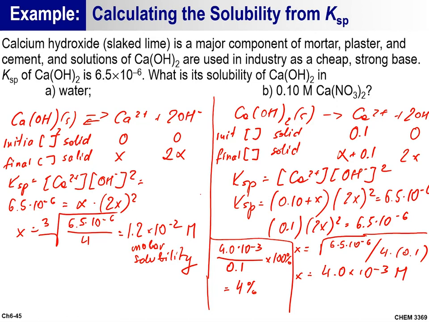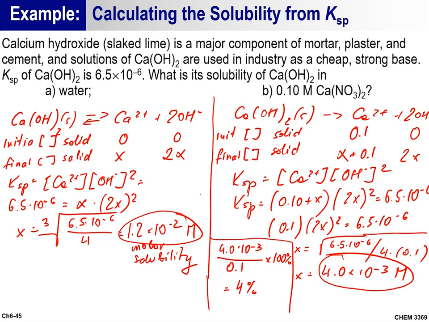All right, so now let's compare the molar solubility of calcium hydroxide in water, right? 1.2 times 10 to the negative 2 molar solubility in calcium nitrate, 4.0 times 10 to the negative 3. So clearly, the solubility is much smaller in calcium nitrate solution, right?